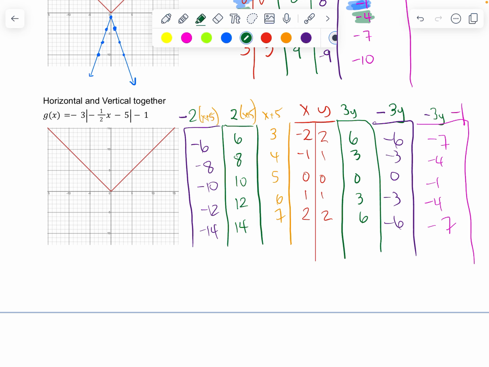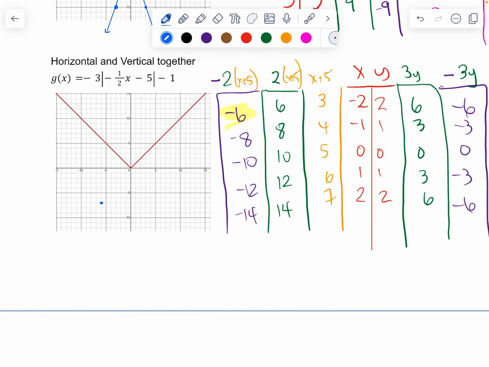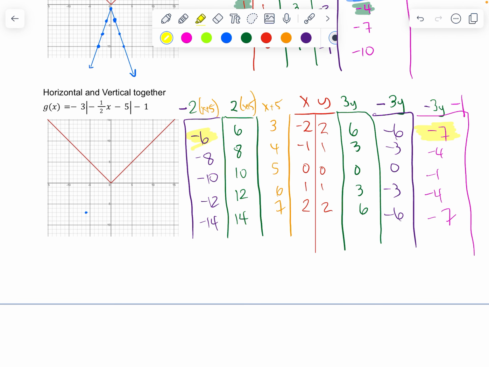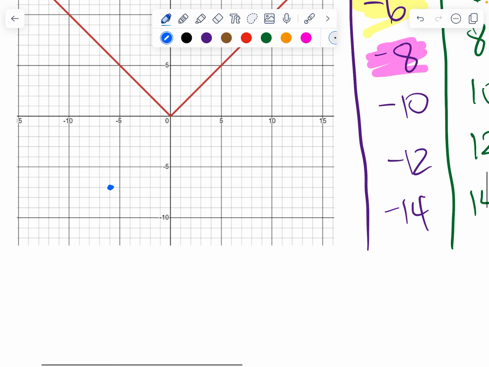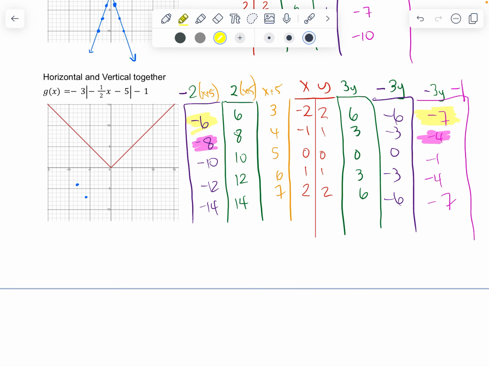So now I need to plot these points. So I go to -6, -7, and I plot a point. And then I go to -8, -4. Then I have -10, -1.